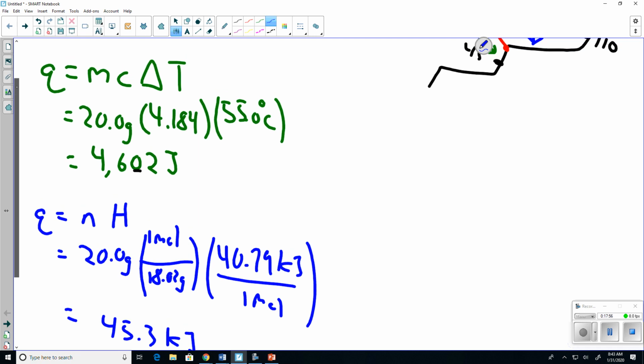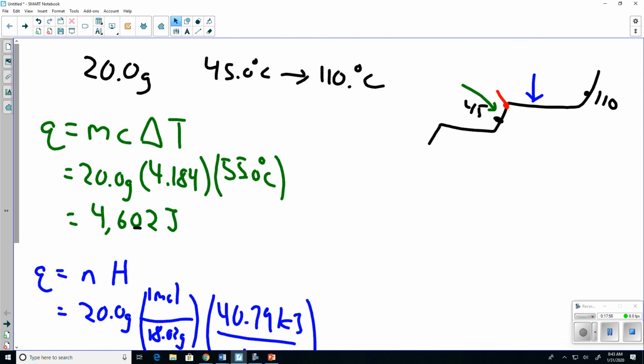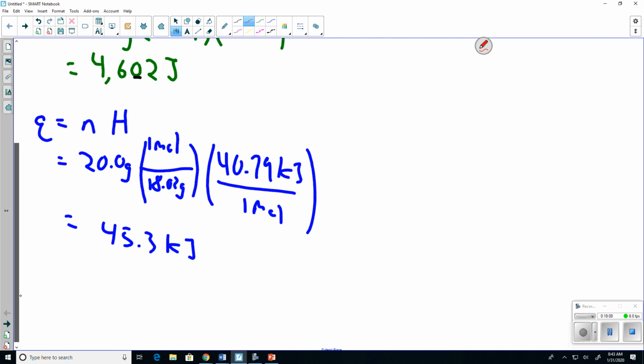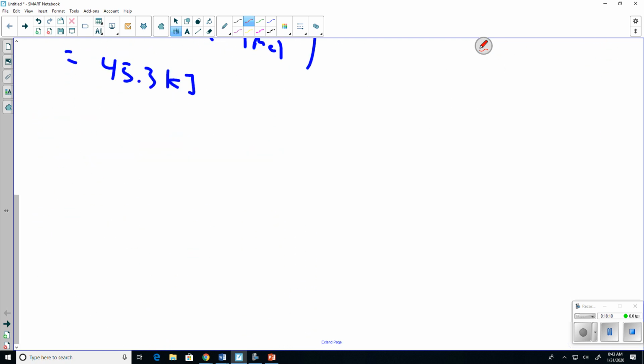My final step is I need to take my gas at 100 degrees Celsius and heat it up to 110. With the temperature change, I'm going back to Q equals mc delta T. The mass is 20 grams no matter what state of matter it is.